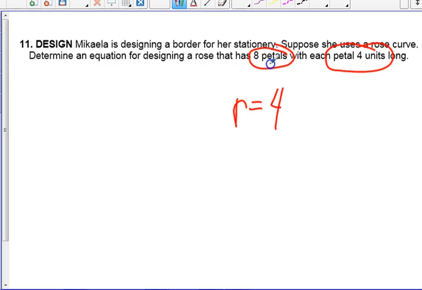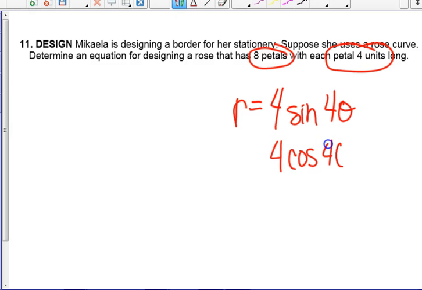If this is 8 petals, it's even, so we got to divide by 2, and we get a 4 back here. I heard sine. Does it matter? It didn't specify. These are 2 different graphs, but they would both be 8 petals, 4 units long. They're just tilted a little bit differently. So if you do these on the same graph, you get 16 petals. All right.